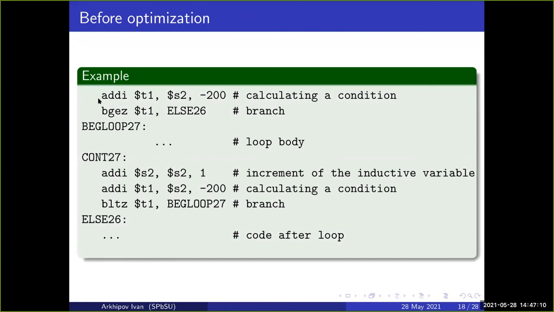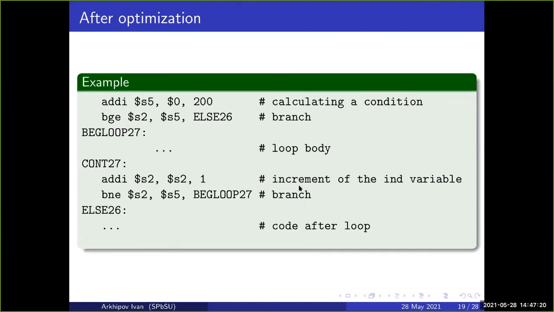We calculate the condition before the loop body and calculate the condition every loop iteration. What do we do? We calculate the condition before the loop body and save it in a register.